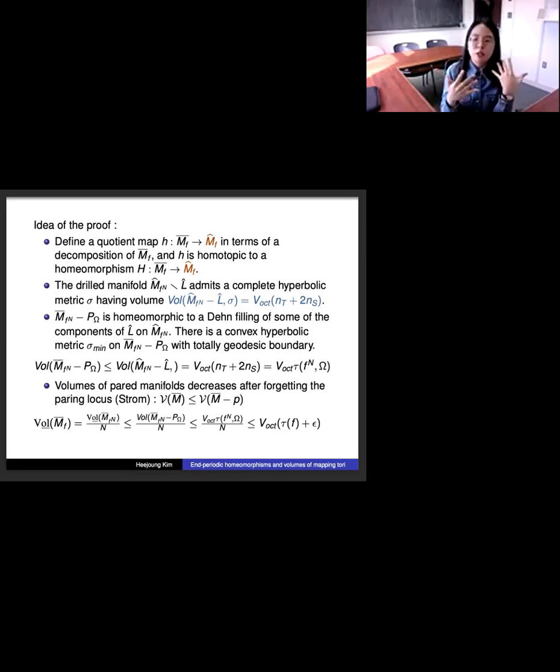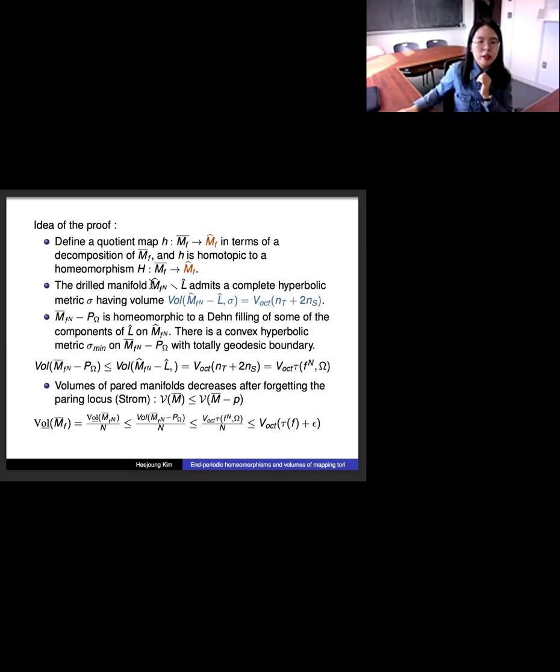Then we consider a power of F, like F to the n, and then we drill out a link from that and compute the explicit volume by using Agol's algorithm.